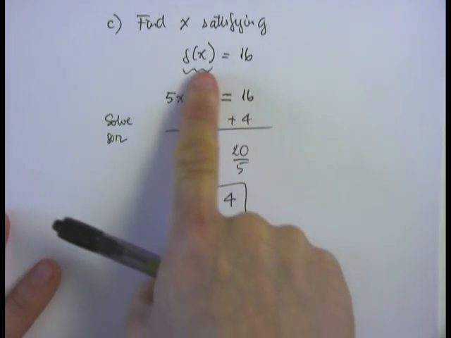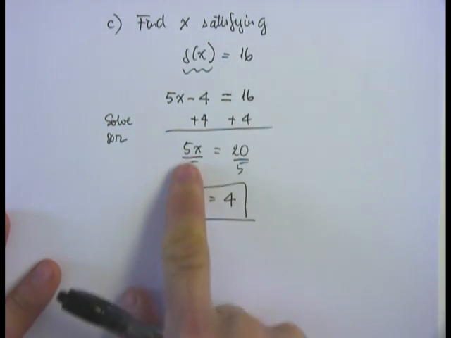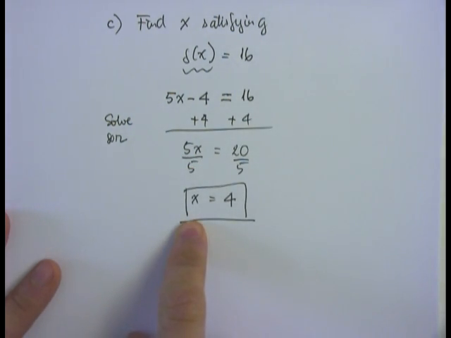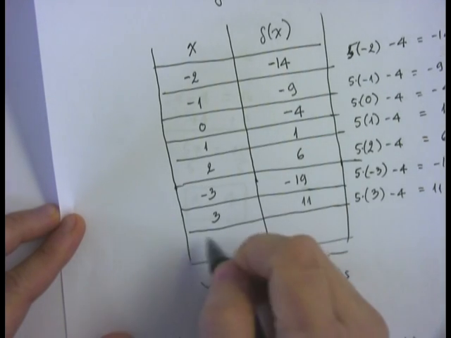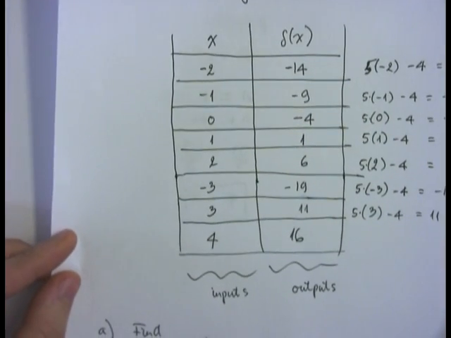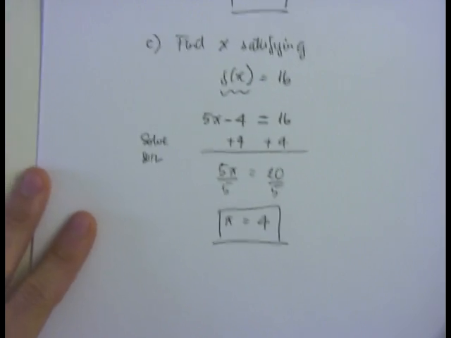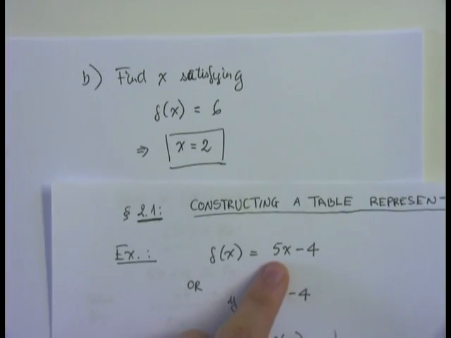So I set the function rule equal to that value and start solving for x, and here I end up with my x value. And now once you found that x value, you can also go back and put it on the table. x equals 4 would give 16 for the function's value. Okay, so that's the idea of how you can construct a table representation for a function with a known rule.